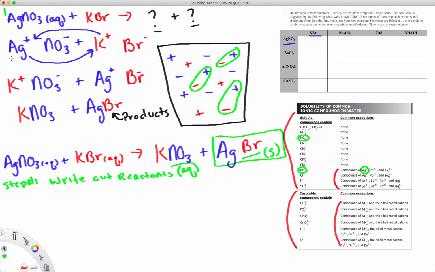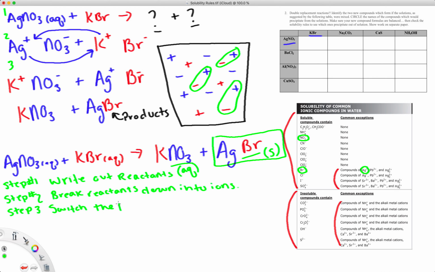Step 2 is to break reactants down into the ions that make them up. Step 3 would be to switch your cations.